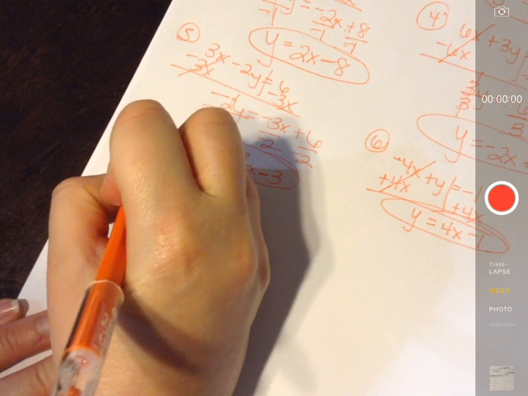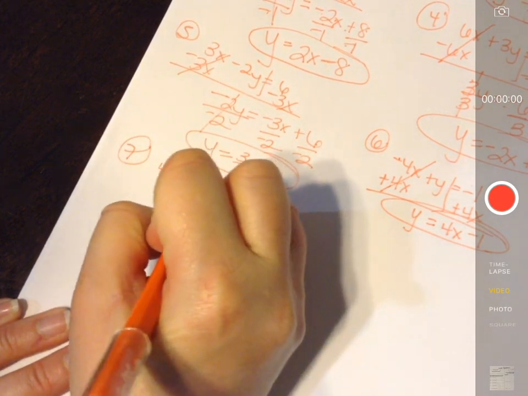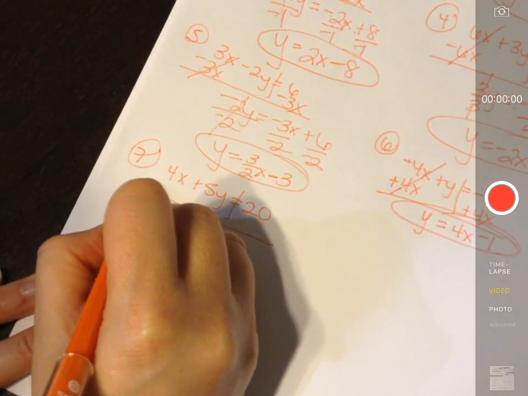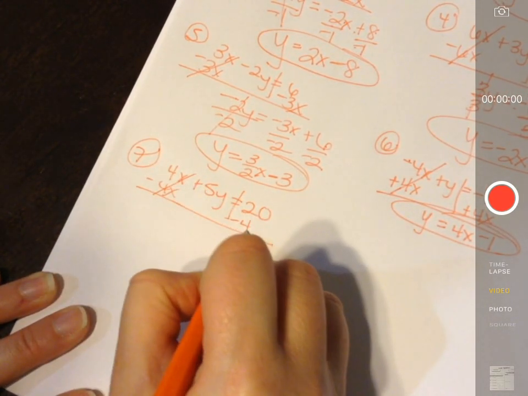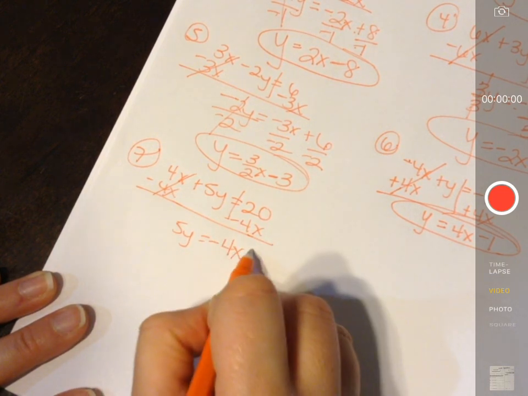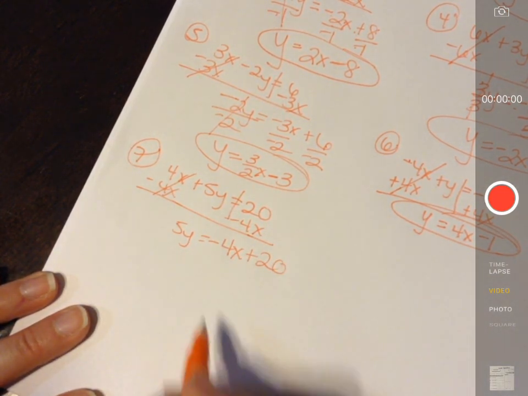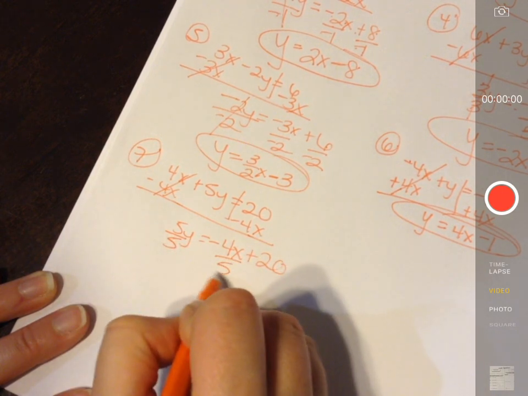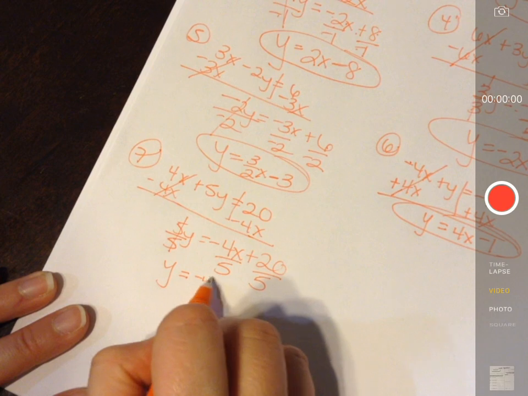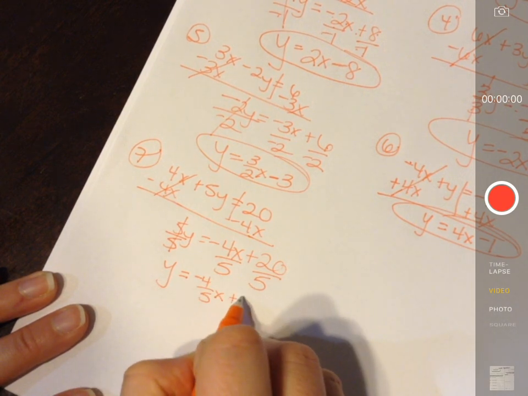Number 7 was 4x plus 5y equals 20. I will subtract 4x from both sides. Leaves me with 5y equals negative 4x plus 20. I will then divide everything by 5, leaving me with y equals negative 4/5 x plus 4.